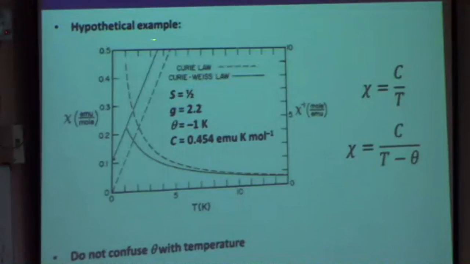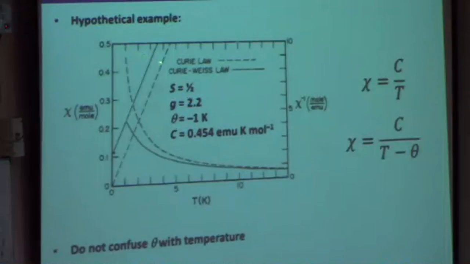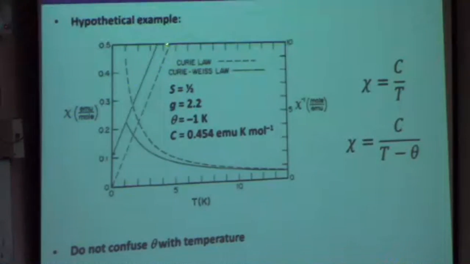Again, we have some dashed lines which show the Curie material and some solid lines which show material following the Curie-Weiss law. And we have the data expressed in two ways, as chi, or as chi to the minus 1, reciprocal chi. If we take the Curie law first, you can see that your value of chi, the dashed line, is a straight line through the origin.